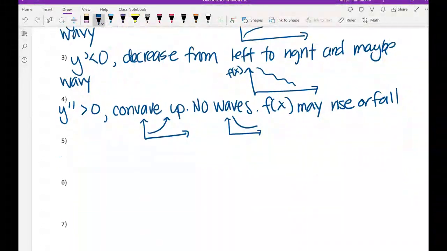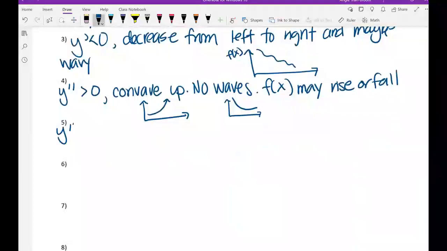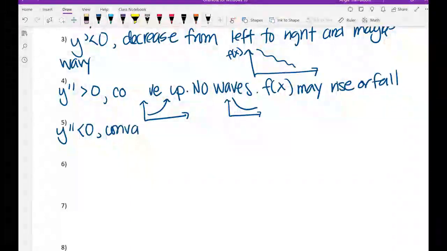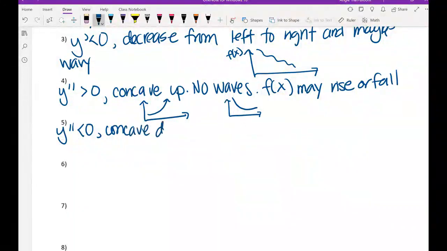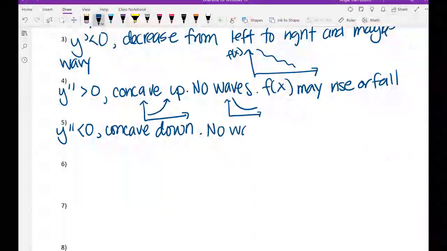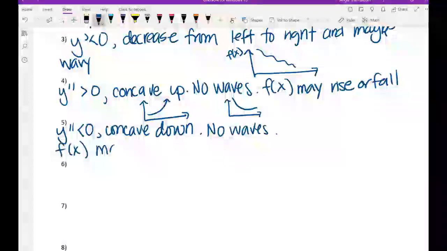Now if the double derivative is less than 0, we know by now that it's concave down, with no waves, and f of x may rise or fall.